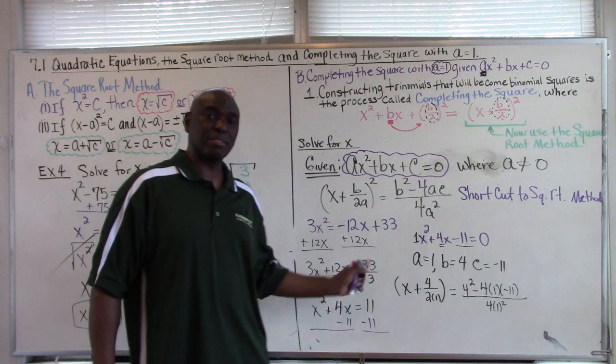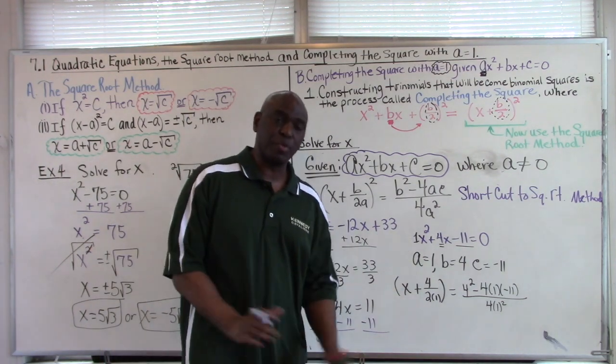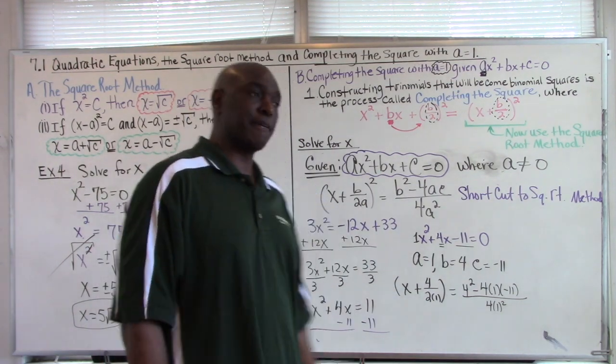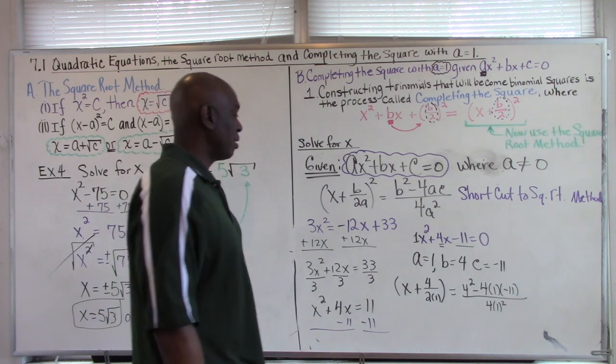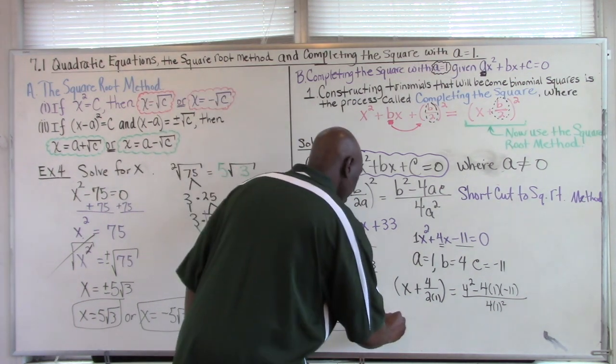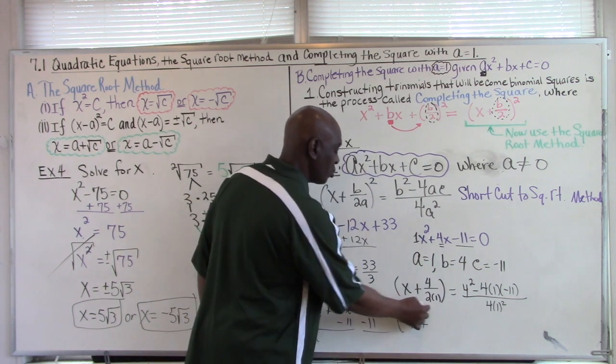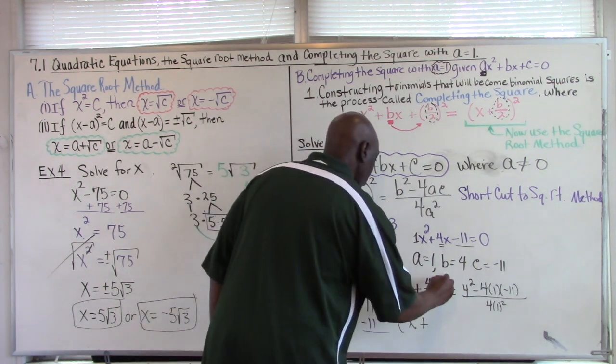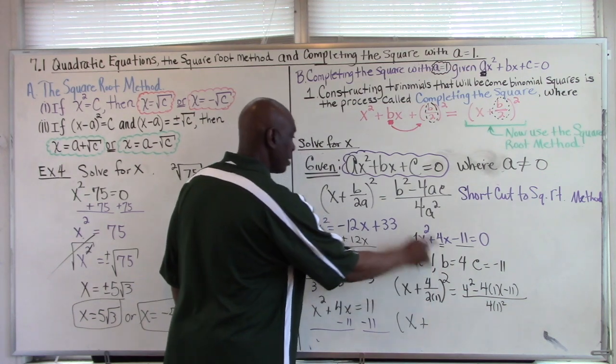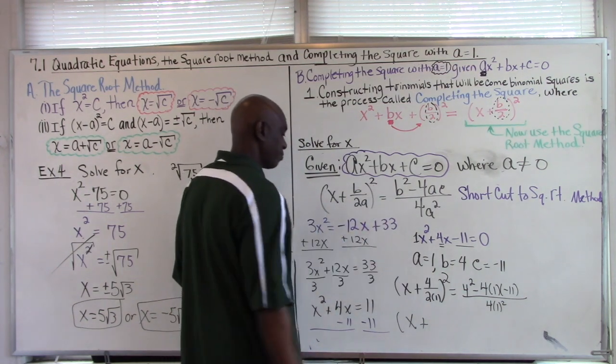And see, once you get to this step, it's all about arithmetic now. Just do the arithmetic and you're done. So the arithmetic is going to give us x plus, well, 2 times 1 is 2. 4 divided by 2 is 2. Oh, put the square here. Don't forget the square. Put the square there.